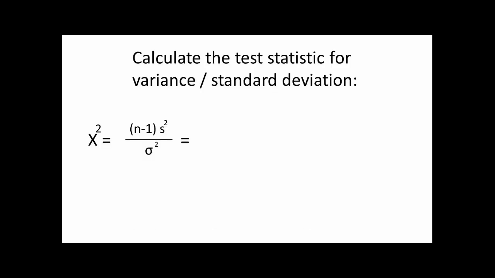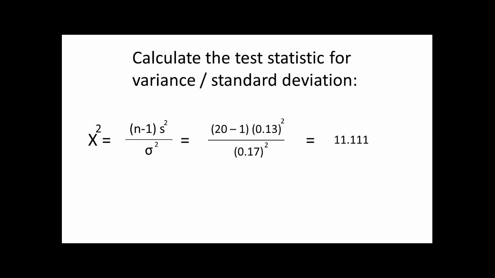Now we perform the calculation for the test statistic, which says chi squared equals, so that's 20 minus 1, times 0.13 squared over 0.17 squared. That equals 11.111.